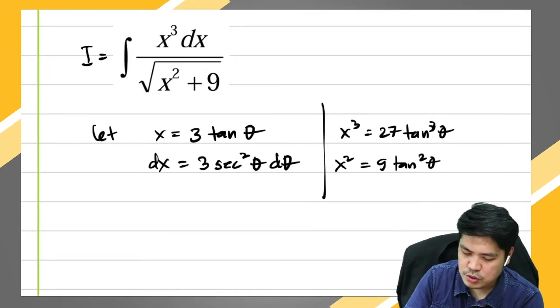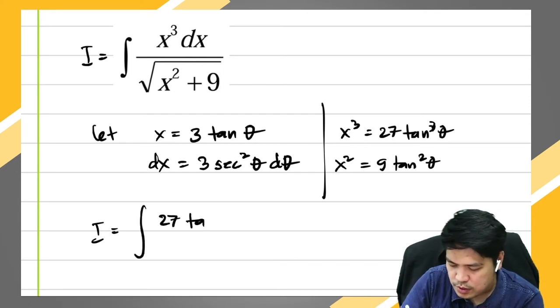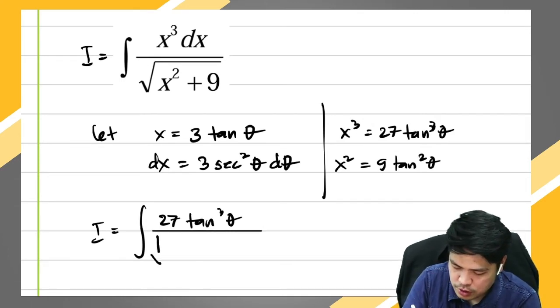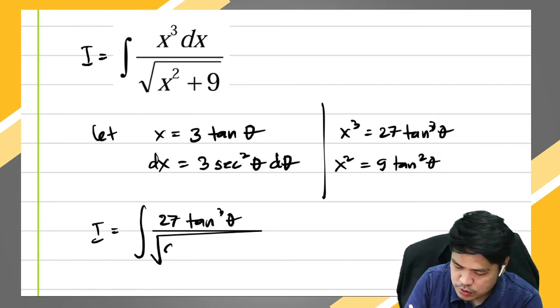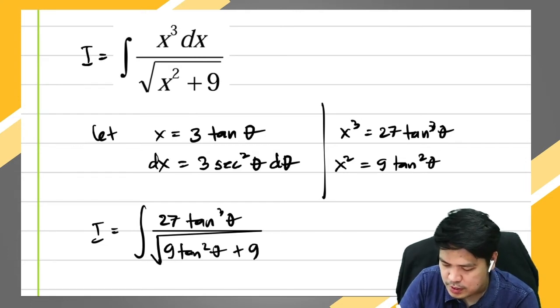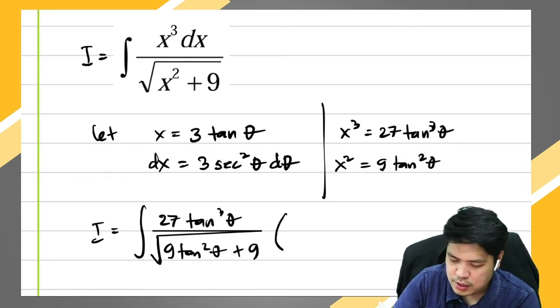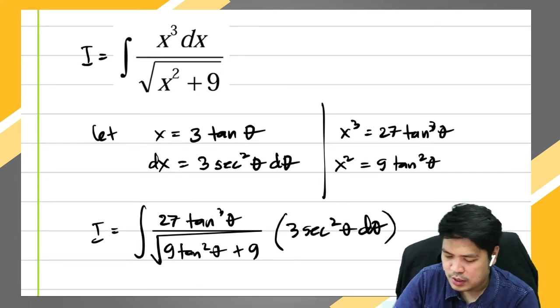So if we proceed now to our substitutions, I will be equal to the integral of x cubed, that's 27 tangent cube theta, all over the square root of x squared, which is 9 tangent squared theta, plus 9, times dx, which is 3 secant squared theta d theta.